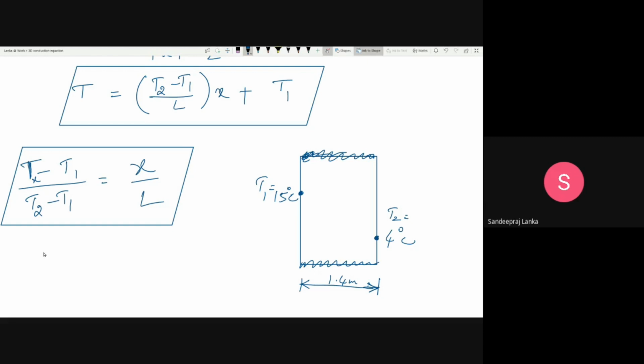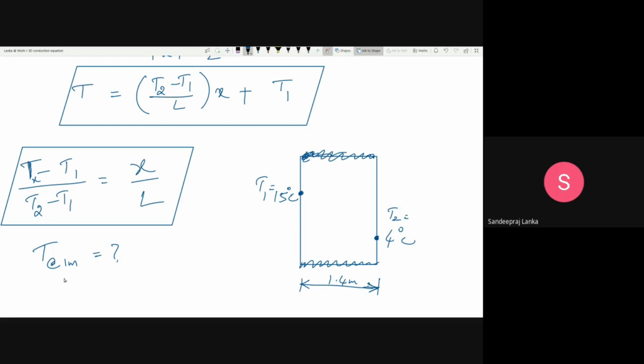How will it be helpful to you? Let us say at 1 meter, if I take, what will be the temperature at 1 meter? I will write it like temperature at 1 meter.